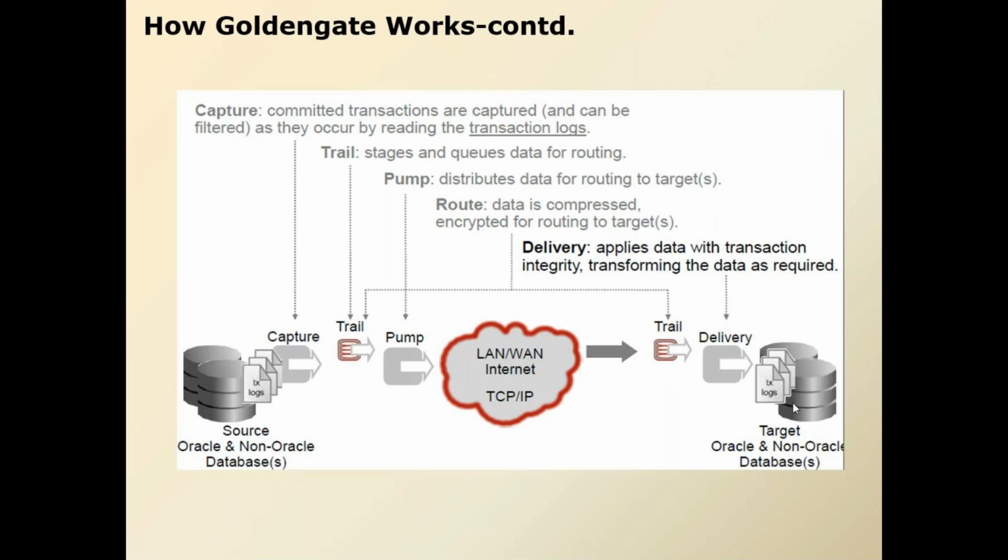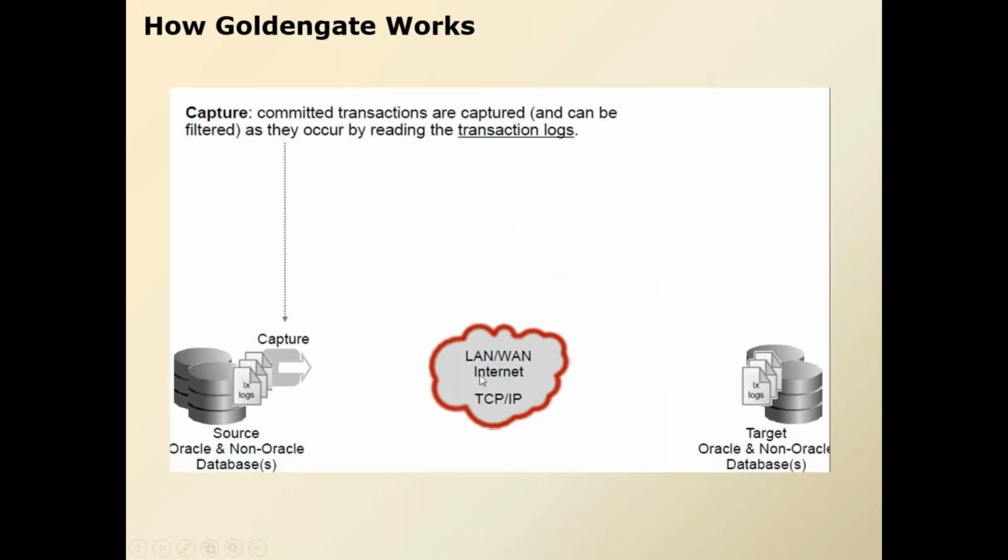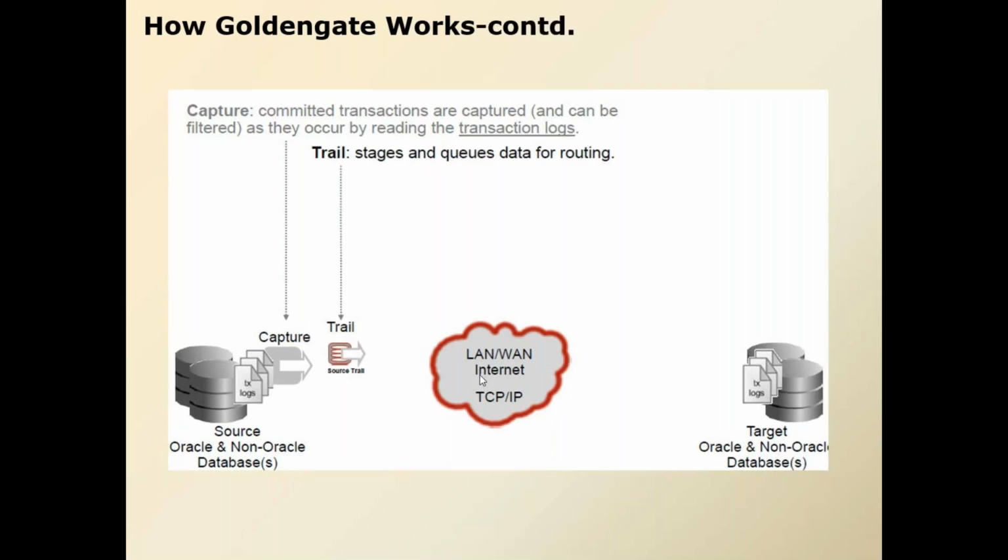So I again repeat, the capture process reads the data from the transaction logs of the database and captures only committed transactions. Once it captures those transactions, it has to store them somewhere. So it writes them to files on the local machine, which are called local trail files, which consume space or hard disk memory on the operating system.